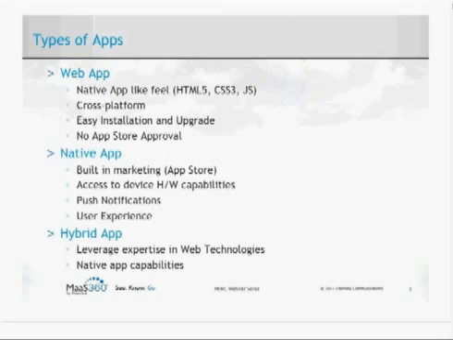The concept here is that it's a native app with a browser control, which is rendering all the HTML5 JavaScript content wrapped within it. So all these HTML5, JavaScript, CSS3 files are bundled as a resource within the native app.